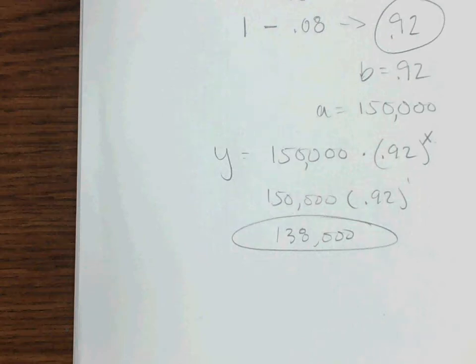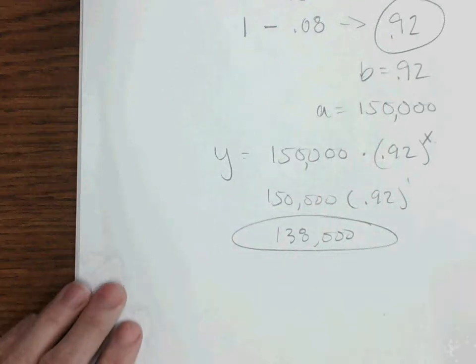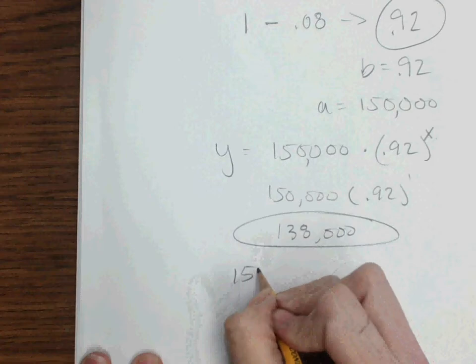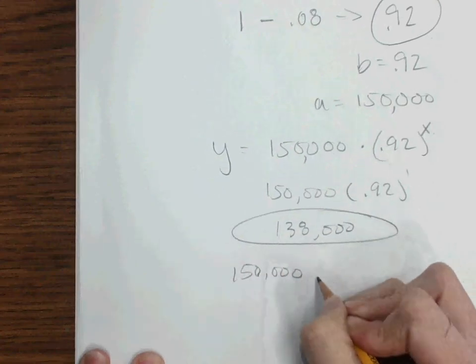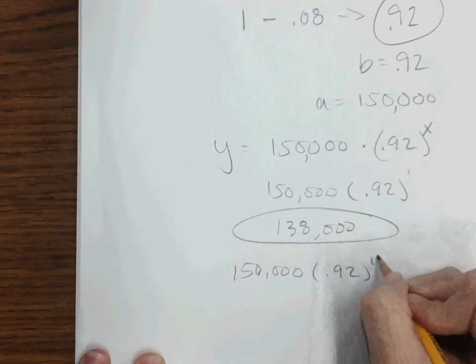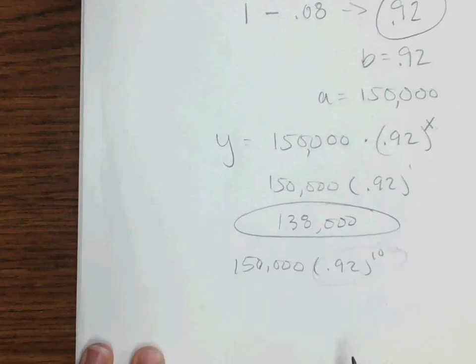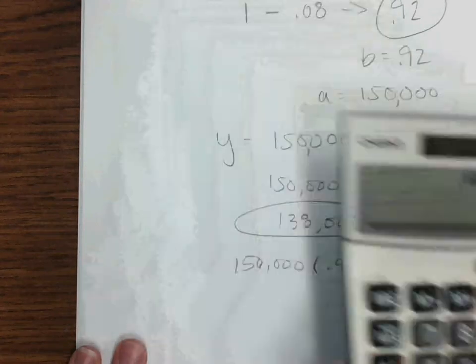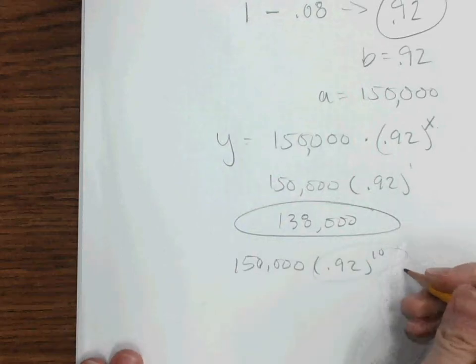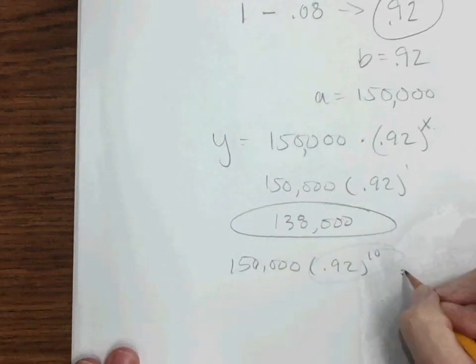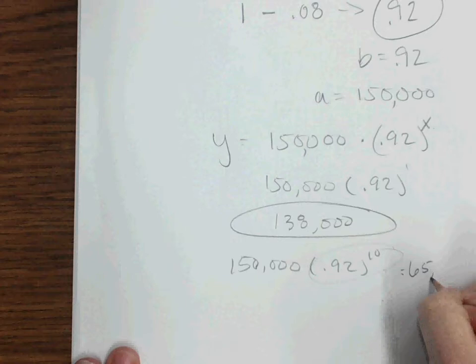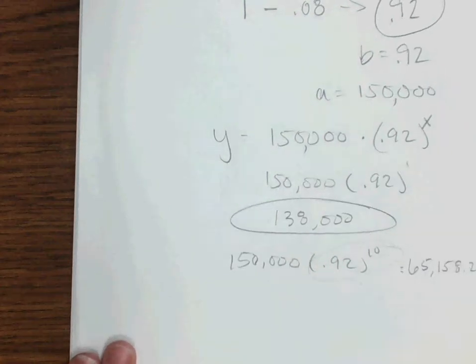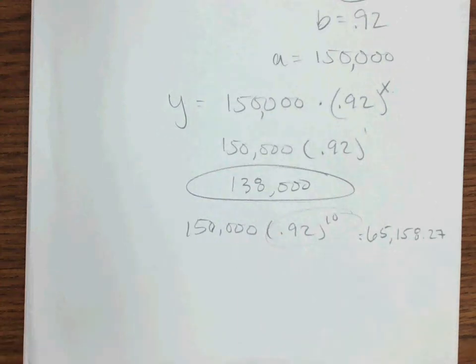After 10 years, I would just have to plug it in. And remember, always do our exponent first. I just have my kind of cheapo calculator right here, so I'm not going to plug this in. But they give us the answer, and it ends up being approximately $65,158.27, right? So it does go down after time.